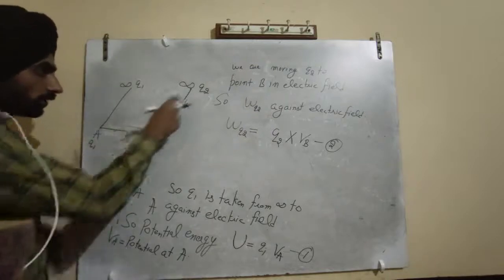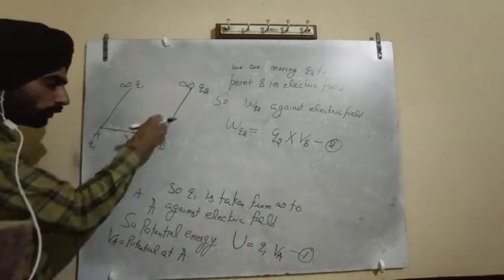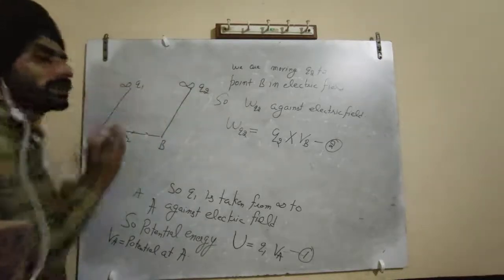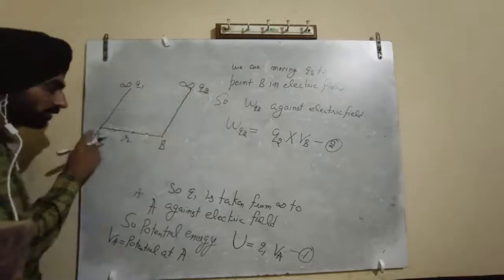So when we are taking this Q2 to location B, the electric field of Q1 will also repel Q2, because this is also a positive charge, it will repel.